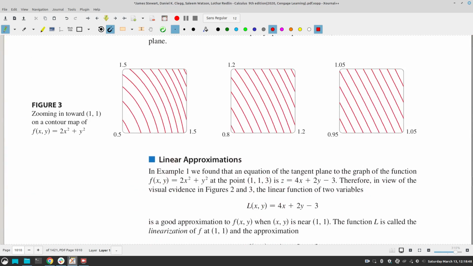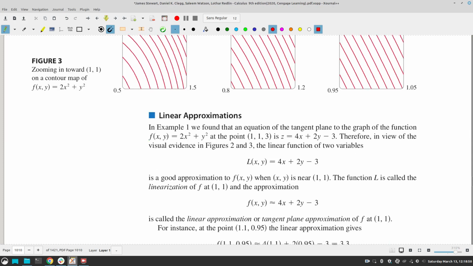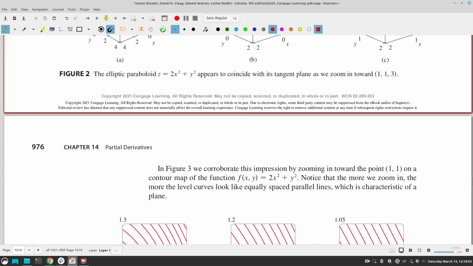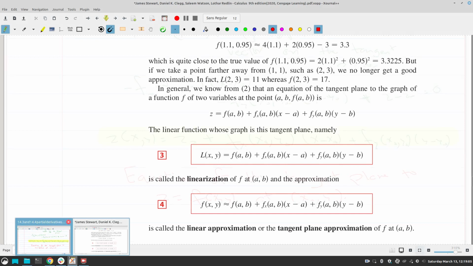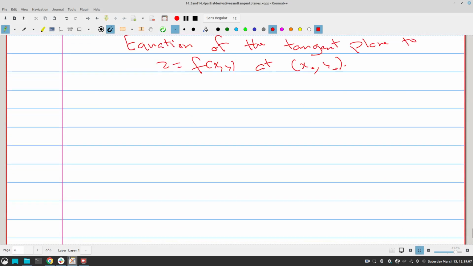Okay, so if you recall in single variable calculus, if you zoomed in to a graph, if you have y equals f of x, some curve, and you zoom in to this portion, the more you zoom in, the more this looks like a line.